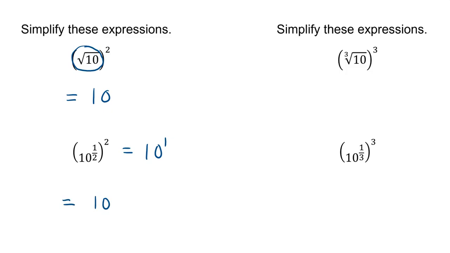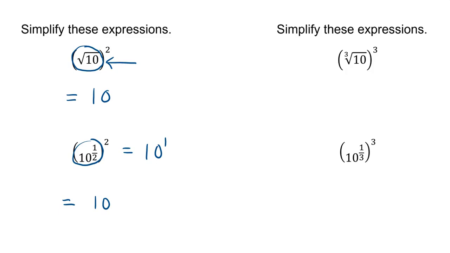So let's look at what we just did here. In the first example, we had this expression, square root of 10. And when we squared square root of 10, we got 10. In the second example, we started with 10 to the 1/2. And when we squared 10 to the 1/2, we also got 10.